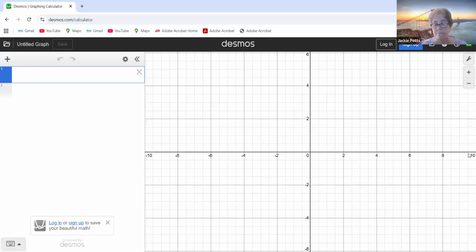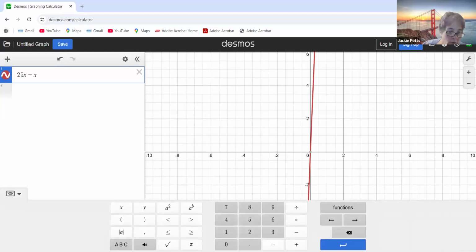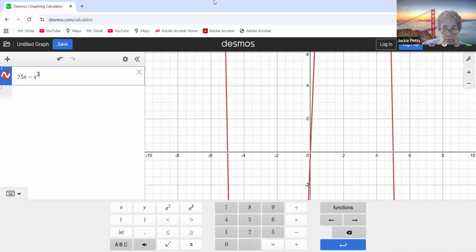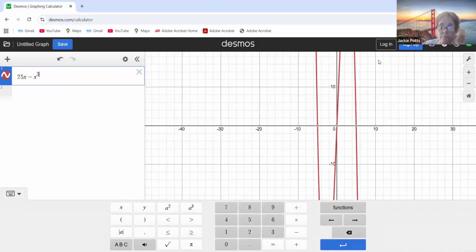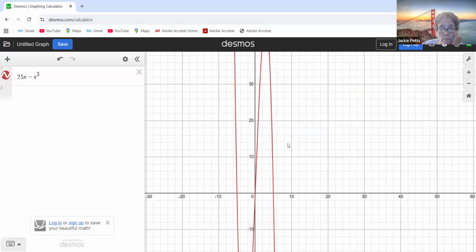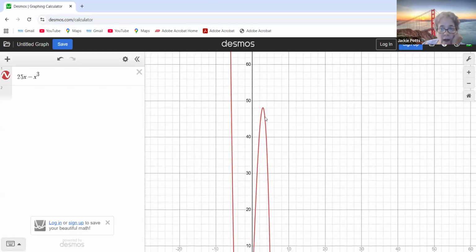All right. So what was our equation? It was 25x minus x to the third. Or you can type the other in. You know, it's showing you here from 0 to 5. And I want the maximum area. So I'm going to click on my graph. And right there it is.